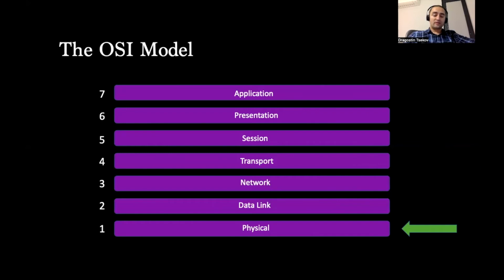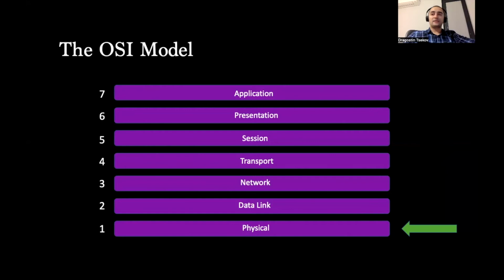The physical layer is pretty straightforward. You probably know that whenever we are sending some information over a network, there's always a medium that the information is traveling through, right?